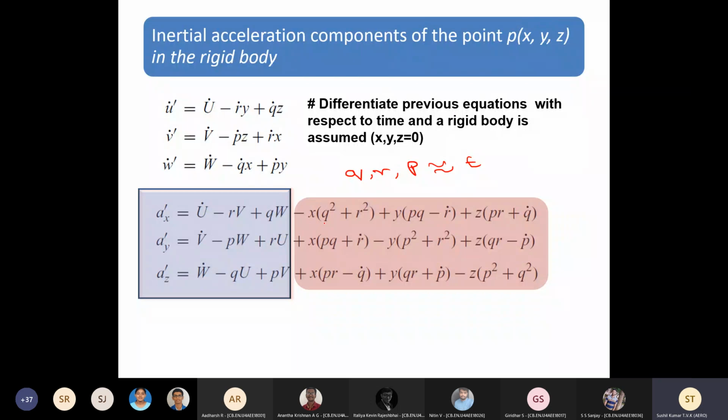Q squared is going to be a very small term, almost zero. R squared is zero. You have a product which is again zero. Likewise, you keep doing all this, and probably compared to this blue box, this red box is going to be very small in magnitude. So you can safely neglect this portion of it.